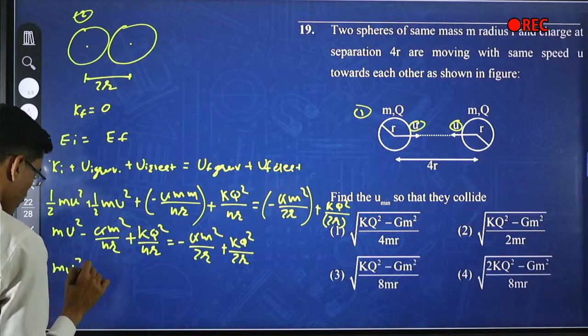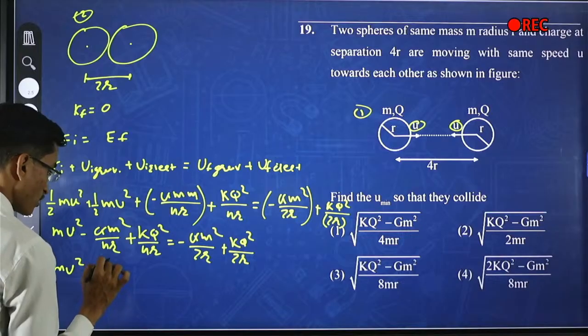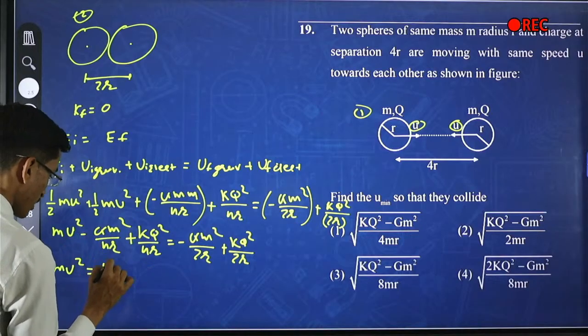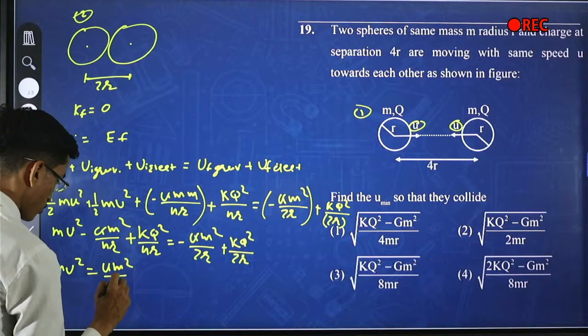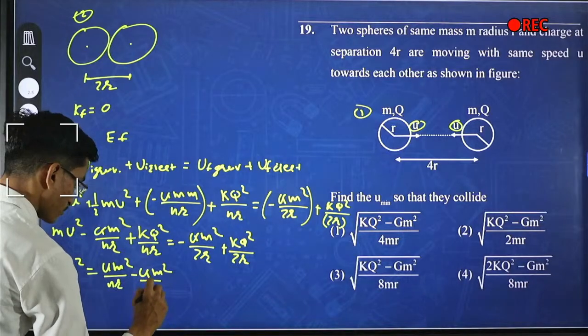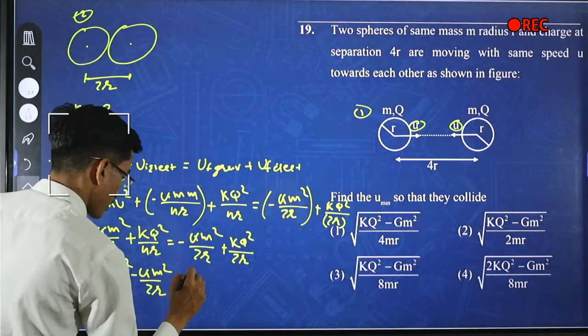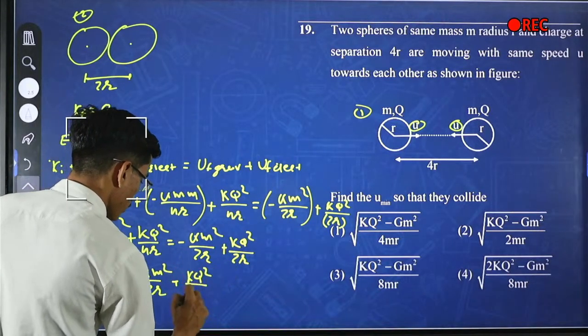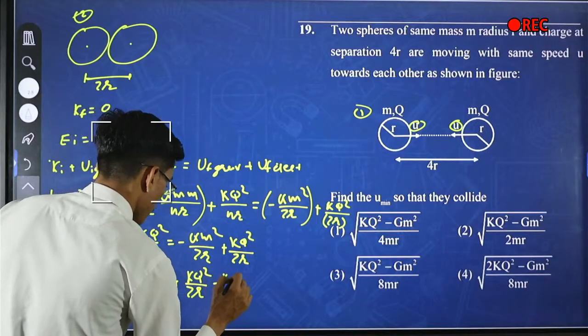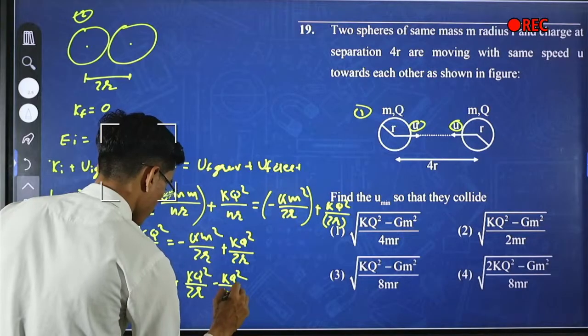So m u square is equal to, the minus will become positive, G m square by 4r minus G m square by 2r plus k q square by 2r, the plus will become minus, k q square by 4r.